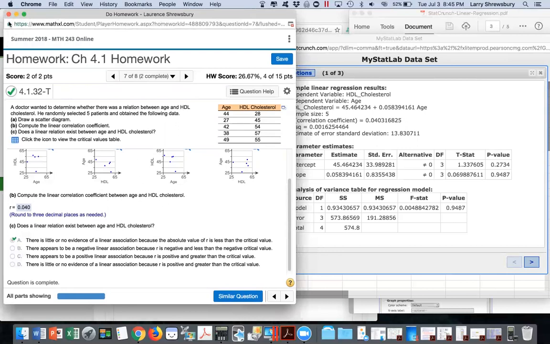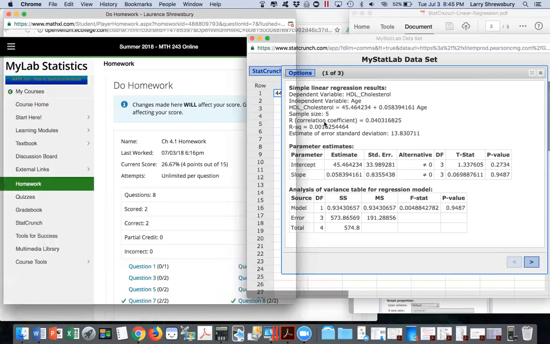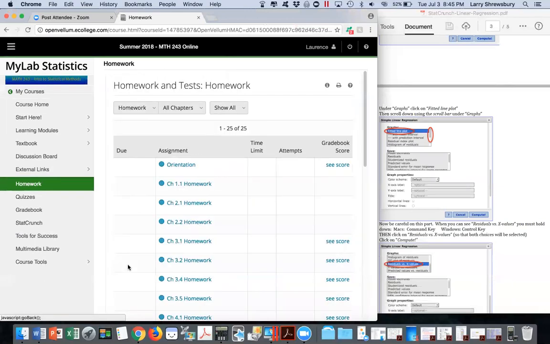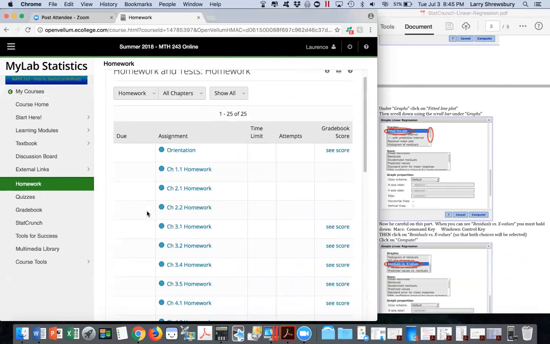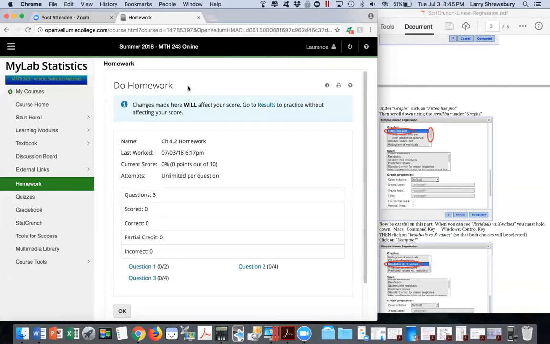Let's get rid of that, and let's go down here. And we're going to go over here to chapter 4.2. And I think any one will do.